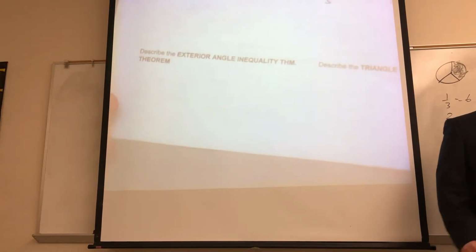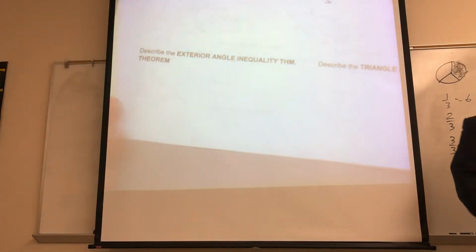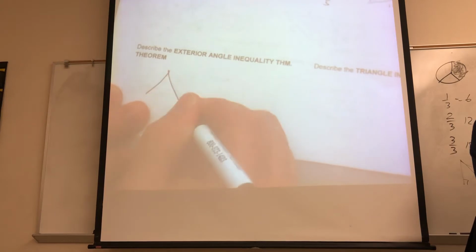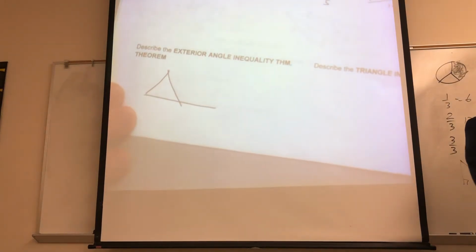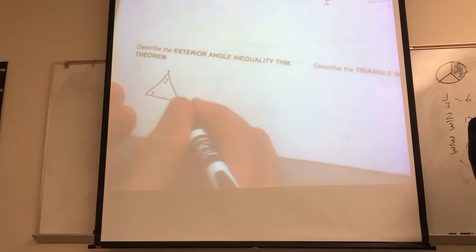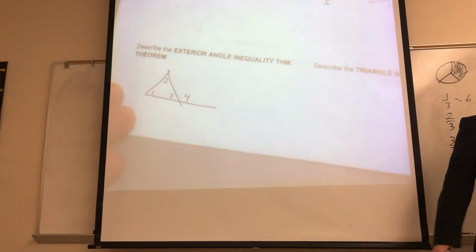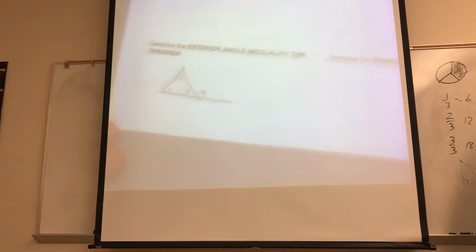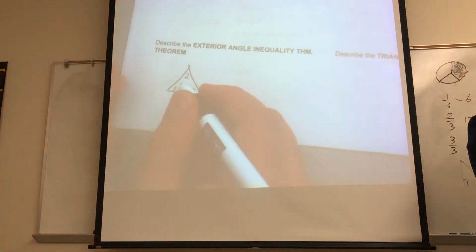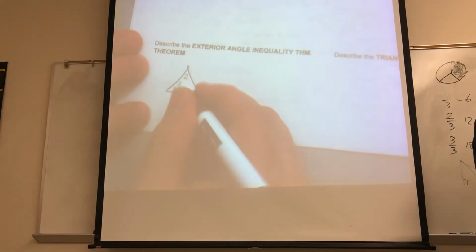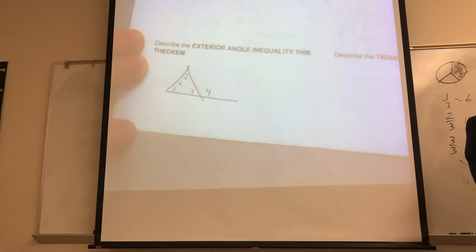The exterior angle inequality theorem says this. Here's angle 1, here's angle 2, here's angle 3, here's angle 4. We already talked about on the previous test, if you take angle 1 and add it to angle 2, it equals angle 4.